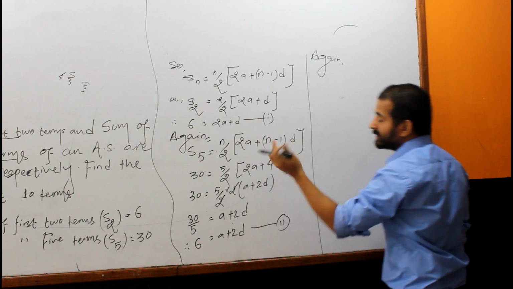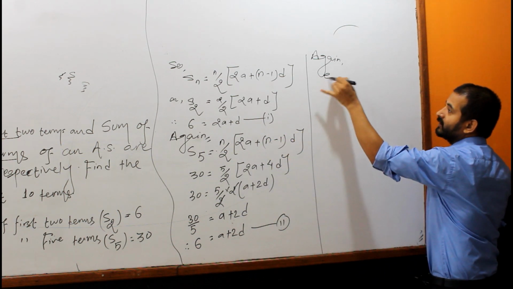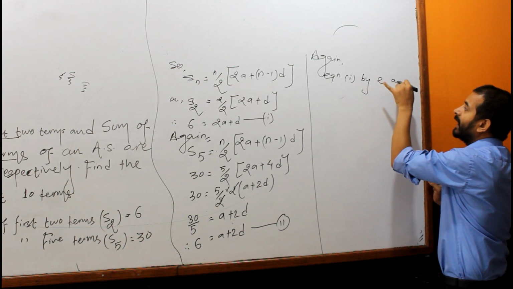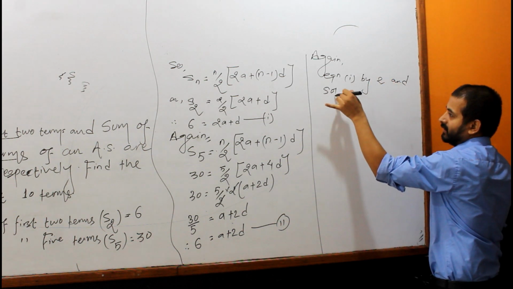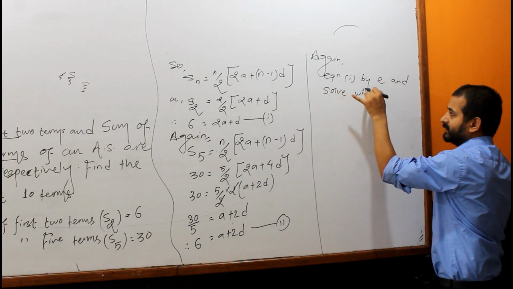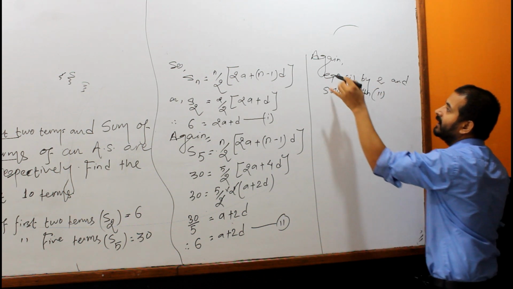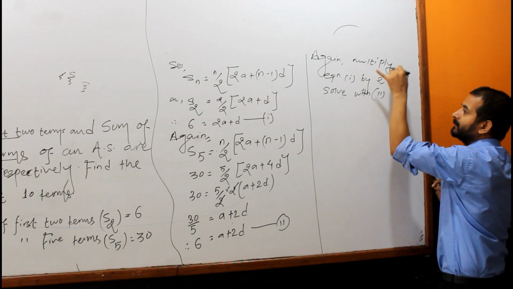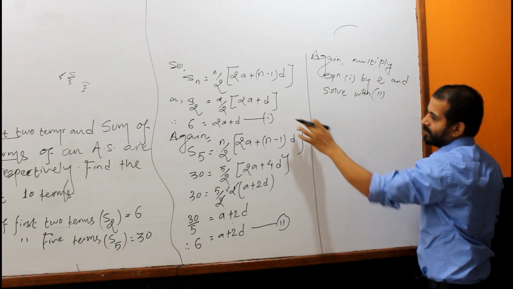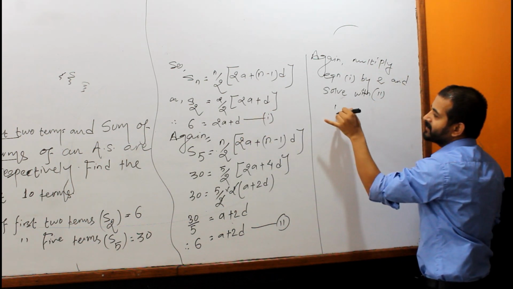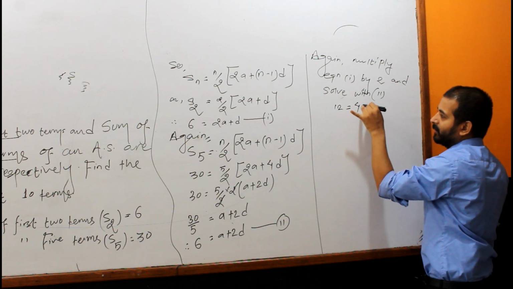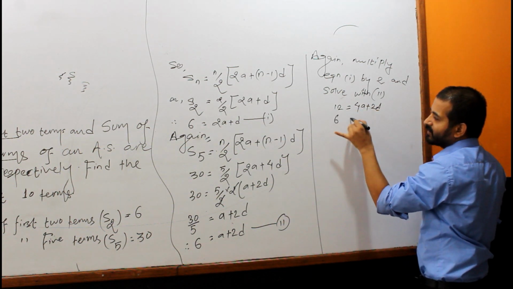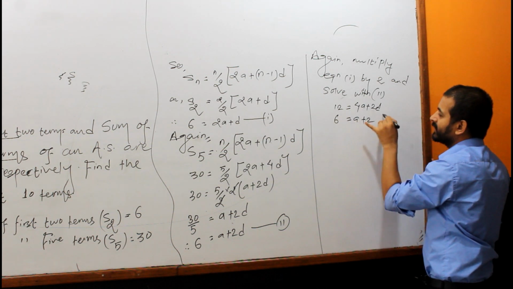Let's cancel d, so let's multiply equation 1 by 2 and solve with the second. Okay, multiply. So what does it become now? 6 becomes 12, 2a becomes 4a, and d becomes 2d. Now the second, 6 equals a plus 2d.